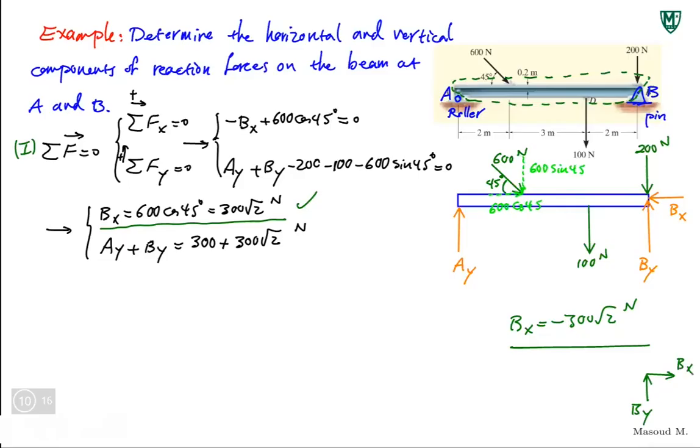You can continue the rest of the calculation with the same assumption you made at the beginning, and whenever you have Bx, just put minus 300 square root of 2. Or flip the direction, change the sign to positive, and do the rest of the calculation with the flipped direction and the positive magnitude.